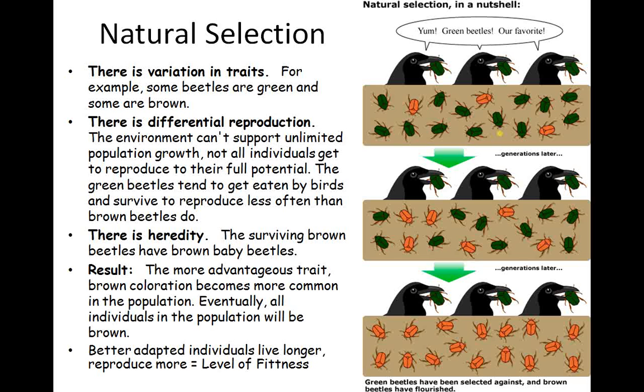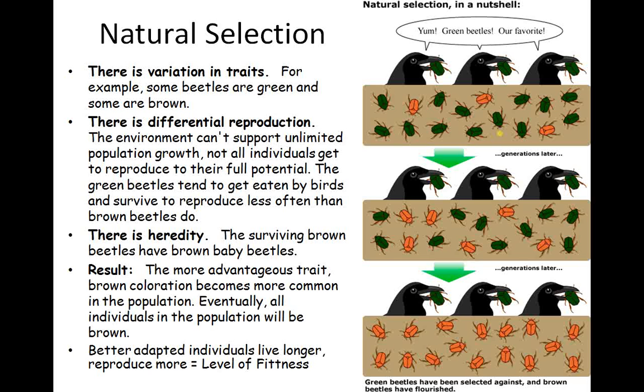And you see there goes a shift in the population from green to brown. In the top population, green definitely outpaces or outnumbers brown. In the middle slide, after several generations, now we have brown and green about equal in the population, equal in frequency.